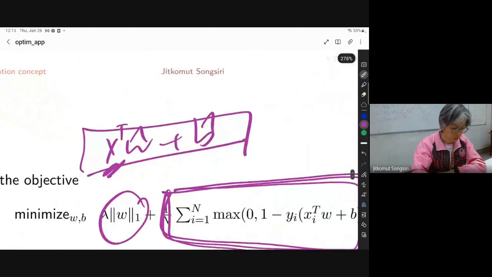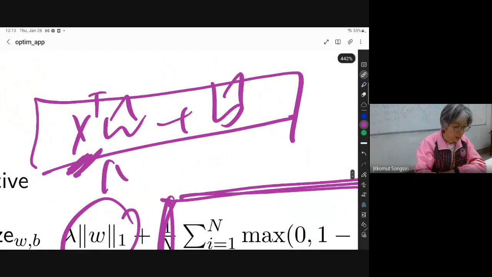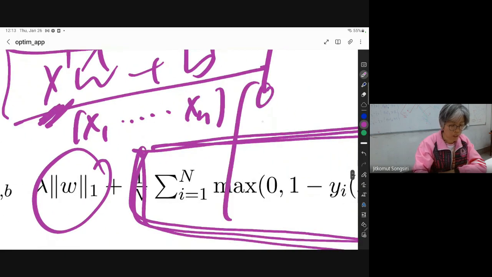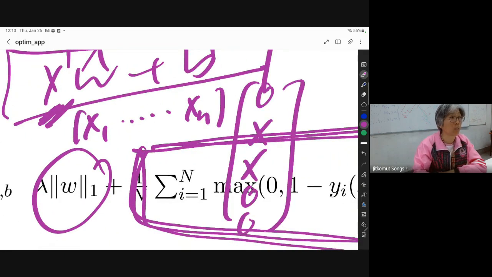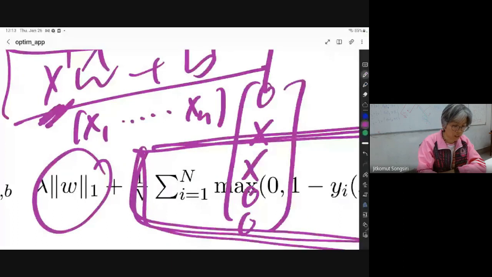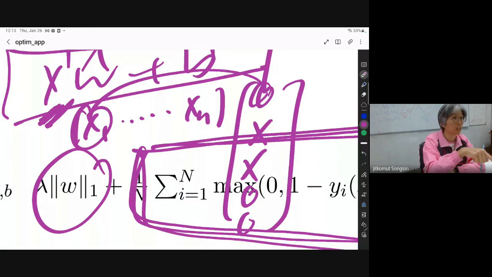So you're going to have a bunch of X, and if W has a bunch of zeros, it means the corresponding feature, the variable, has no effect on your model. This is a typical way to obtain a simple model by using a sparse scheme, sparse optimization.